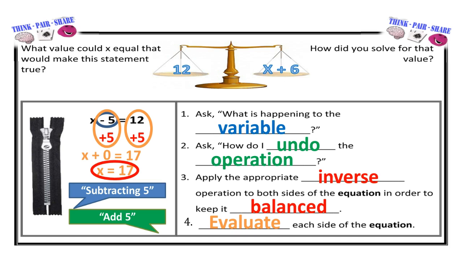Negative 5 or minus 5 plus 5 gives me 0. So it canceled on one side and it changed the value on the right side, keeping the equation balanced. And at the highest level of understanding what an equation is, x equals 17 represents a value that could be substituted in to create a true statement. 17 minus 5 does in fact equal 12.